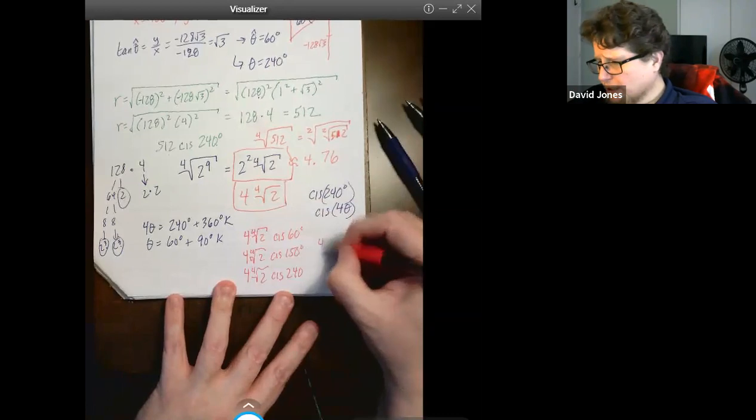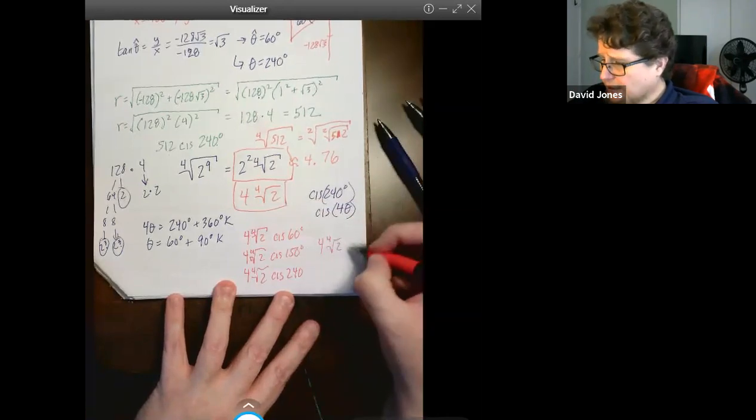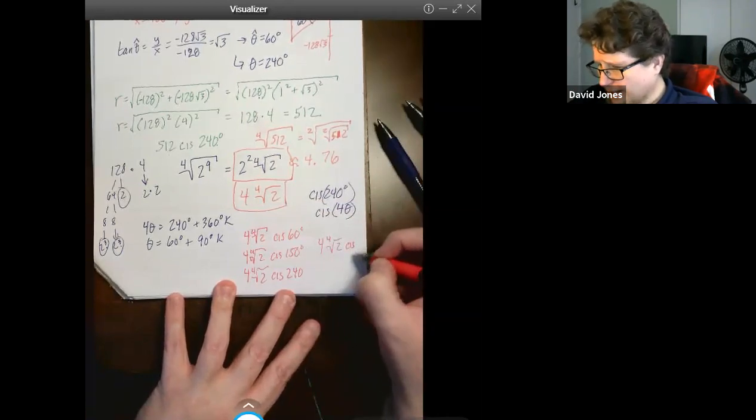And finally, 4 times the 4th root of 2, cis of 330.